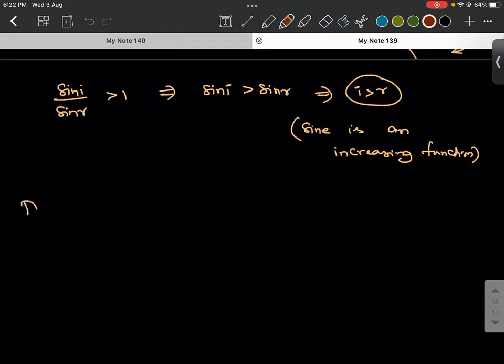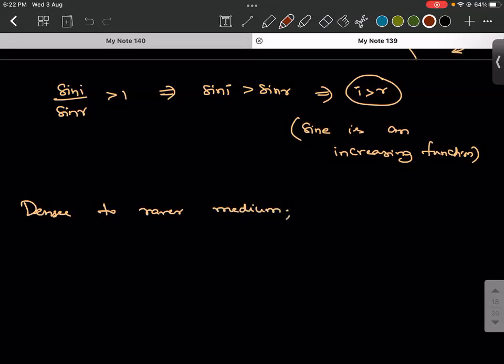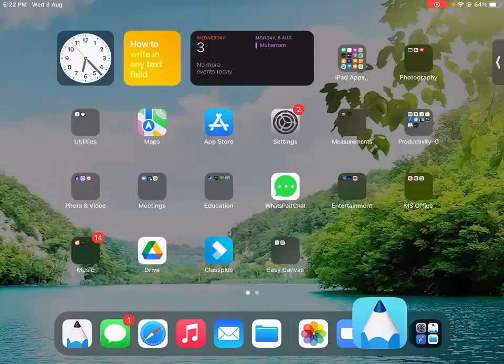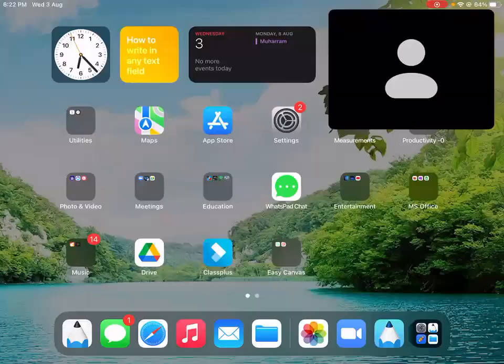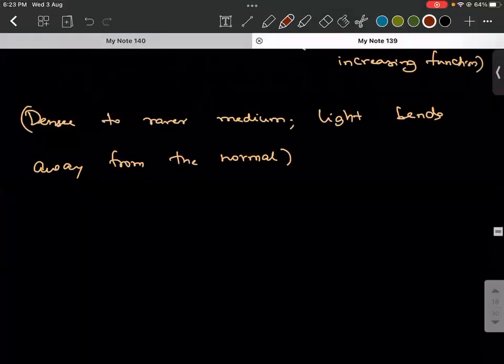So when the light travels from denser to rarer medium, light bends away from the normal. Right? So denser to rarer medium, light bends away from the normal. That part I'm leaving it to you. You can prove it.